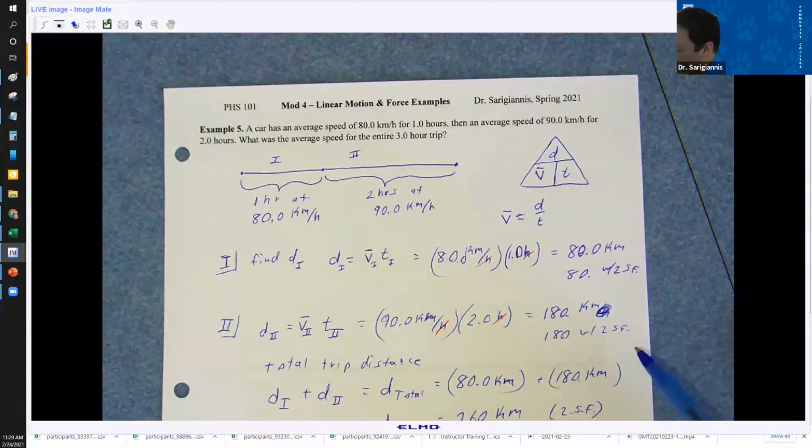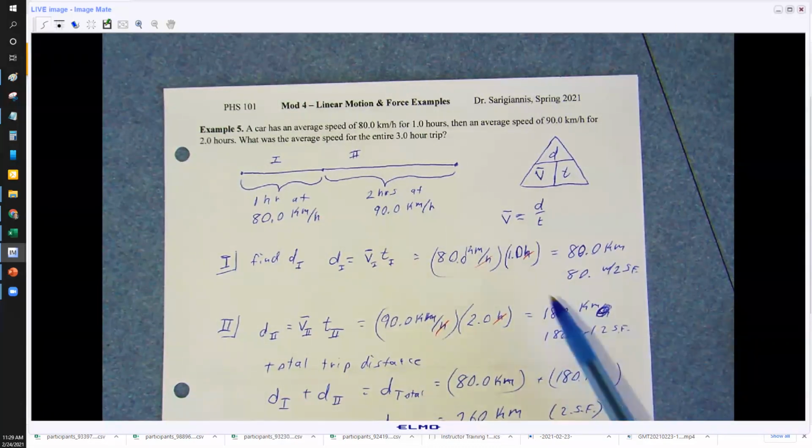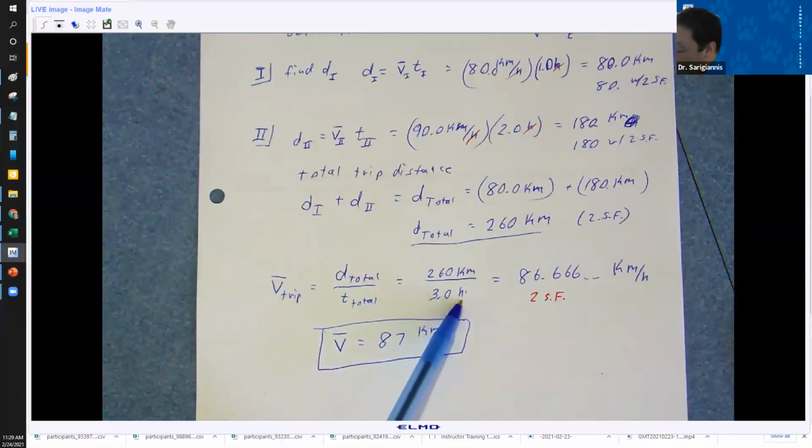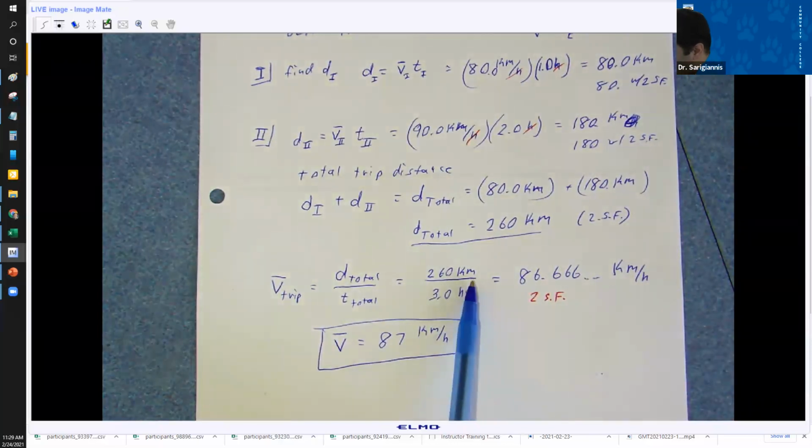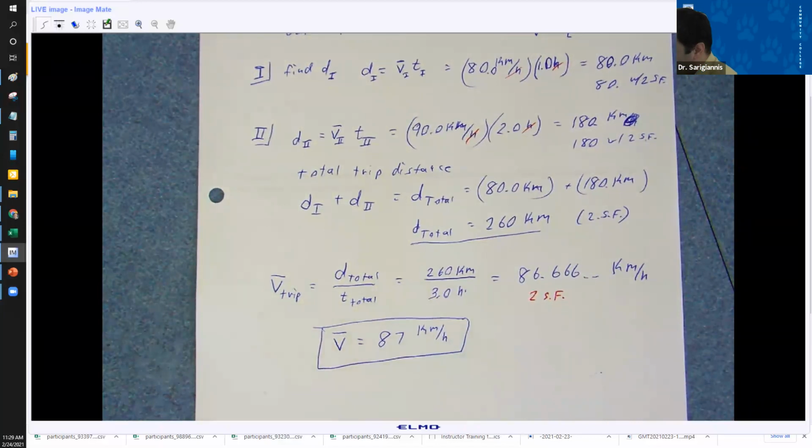Even if we carried through 3, in the end, we're still dividing by 2, right? That's why I put it out like that, just to show you that in the end, you still wind up with two significant figures because you've got two significant figures in the time measurement. Yeah, got it.